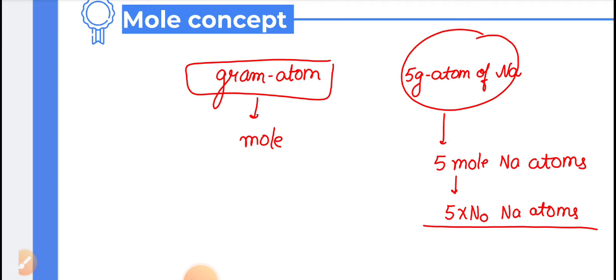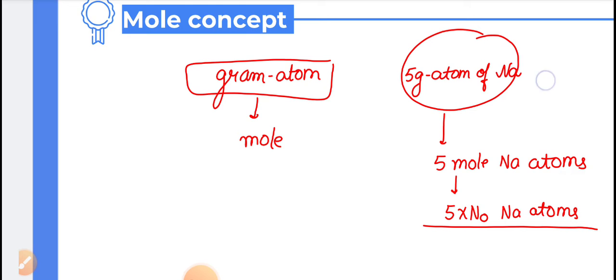For example, in a question it was given that 5 gram atom of Na is taken into consideration. That is, 5 gram atom of sodium is needed. What should we do? 5 gram atom of sodium means 5 mole sodium atoms, okay, 5 moles of sodium.